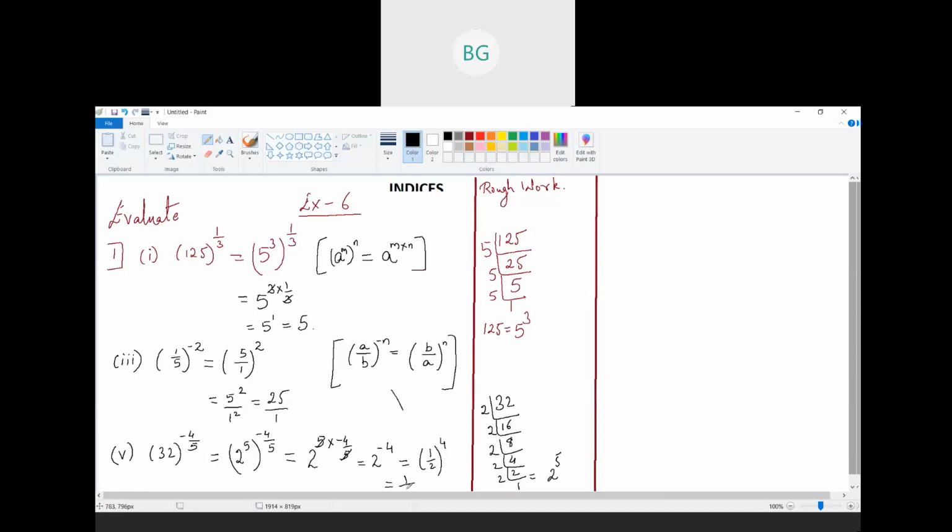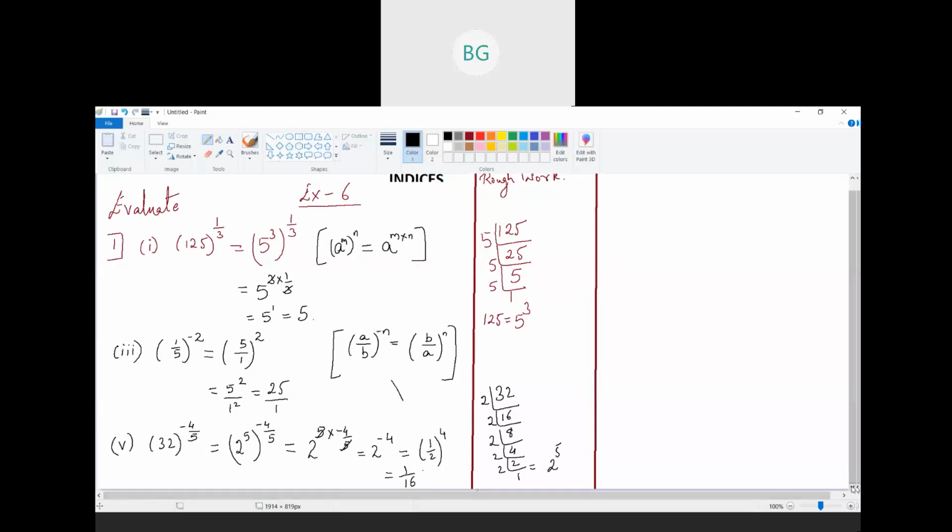So I can write it as 1 upon 16. Yes, it becomes 1 upon 16. Getting it? Shall we move on further?